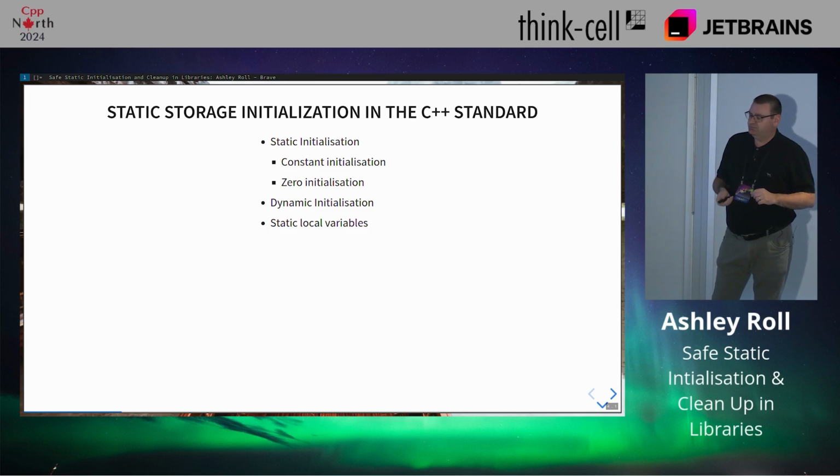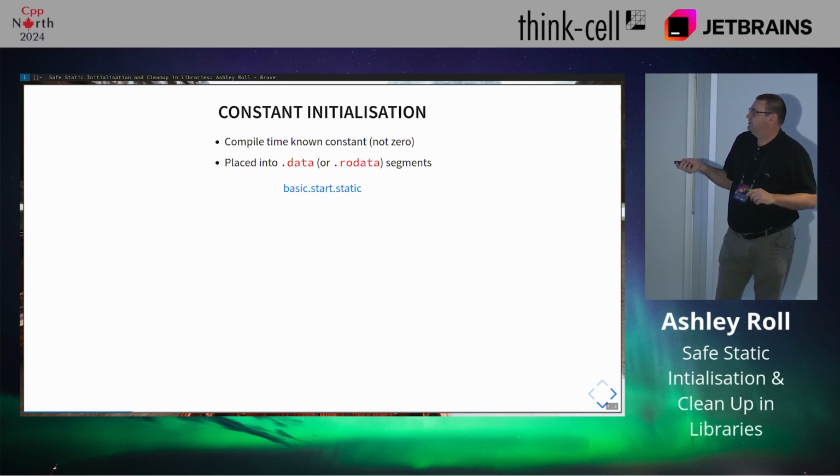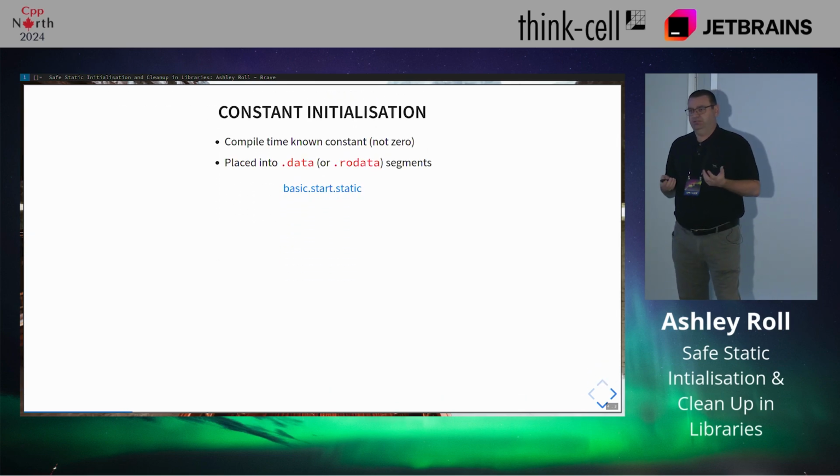Static initialization is broken into constant and zero initialization. And you might be able to guess which segments they go into. So constant initialization: if the compiler can tell what the value of a variable or an object is, what its memory representation is, it'll just store that in the data segment ready for you to use.